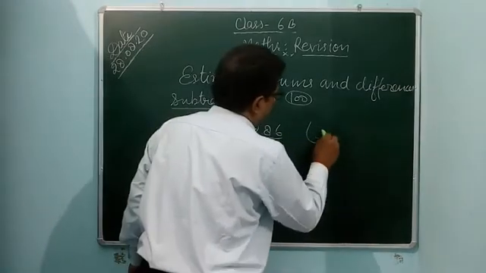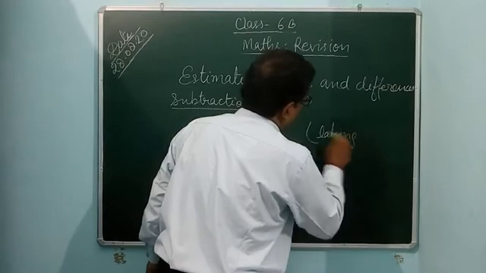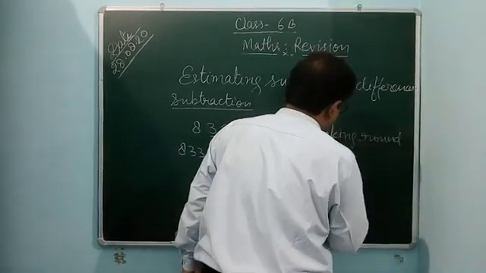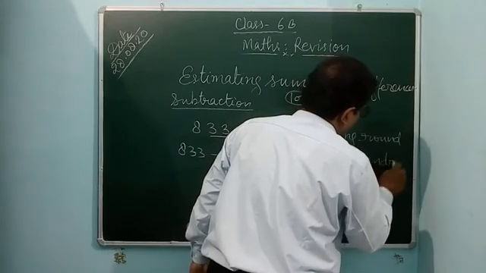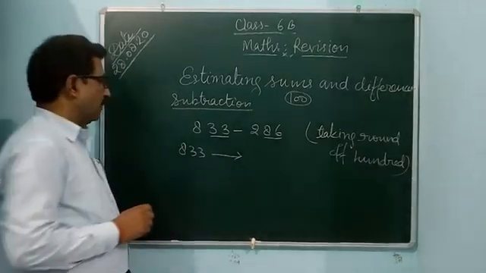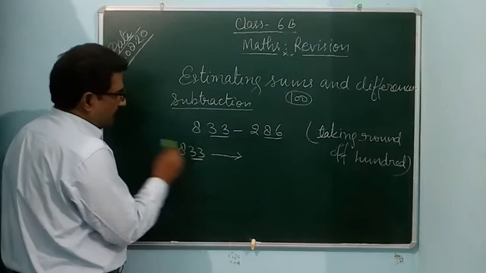So it is taking round of 100. You can write also here in bracket, taking round of 100. In this way, you can take 2 digits.